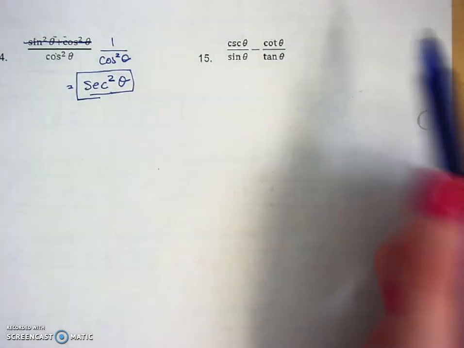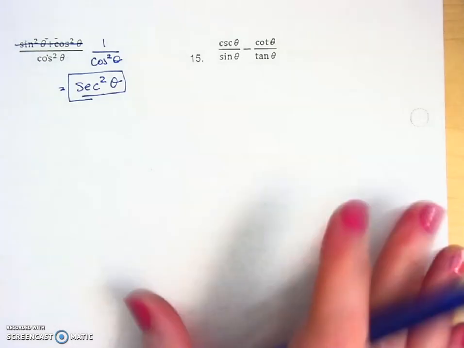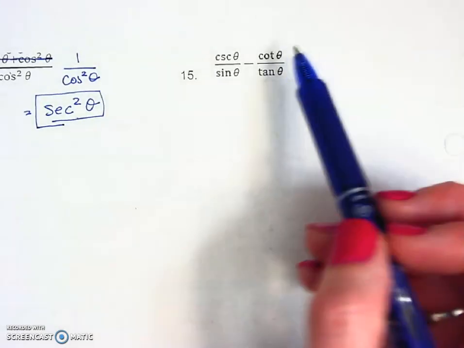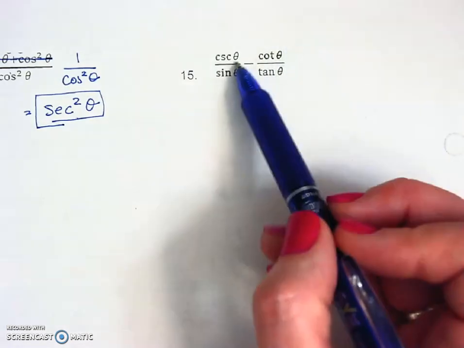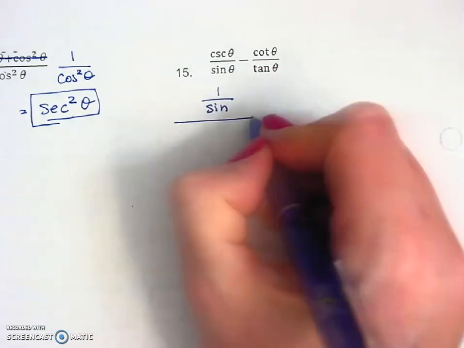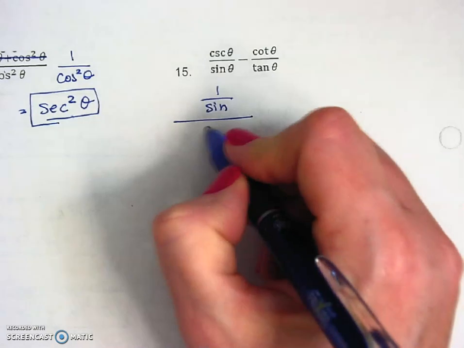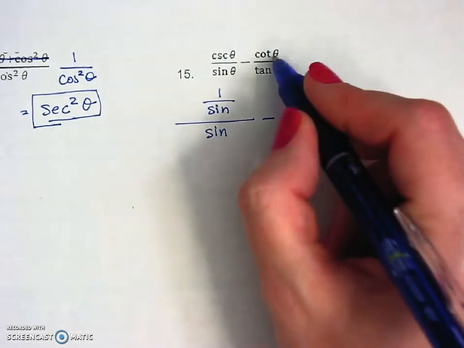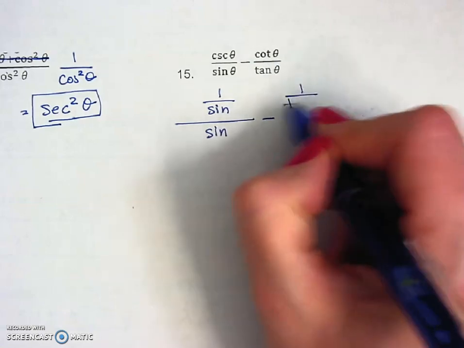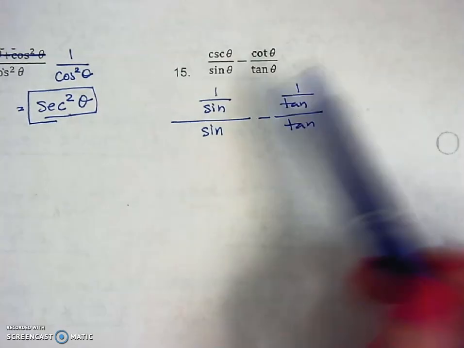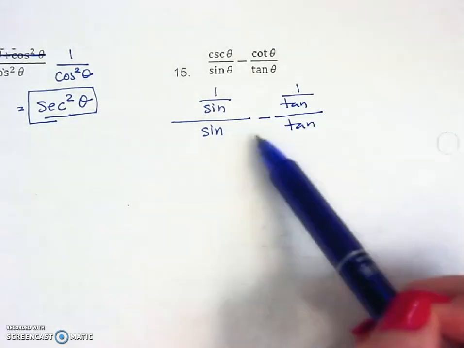All right, so I'm going to start by rewriting anything that I can rewrite. So sine doesn't rewrite, but I can rewrite cosecant as 1 over sine. And I'm going to drop the thetas just for speed in writing, but just imagine that the thetas are still there. And I'm going to rewrite cotangent as 1 over tan, over tan. So now I have fractions divided by something else.